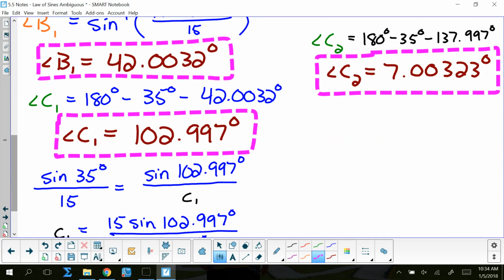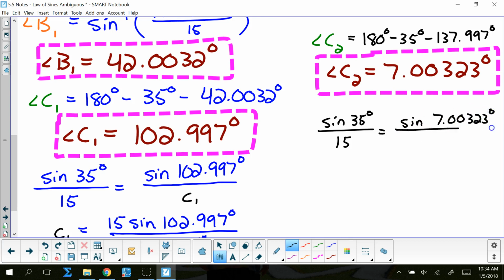So then we have the law of sines. The sine of 35 degrees divided by 15 equals the sine of 7.00323 degrees divided by side C sub 2.